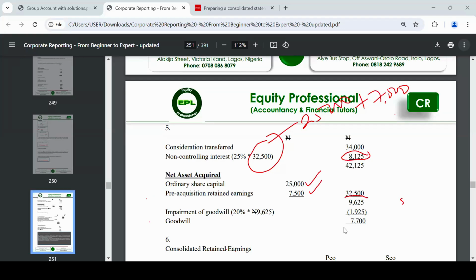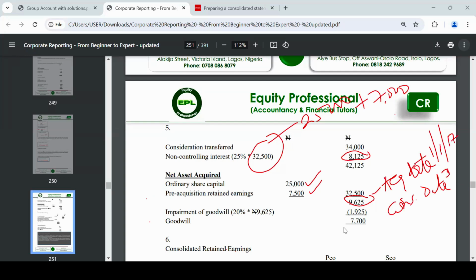Now, the goodwill on consolidation is 9,625 at the date of acquisition. This was at acquisition date. Acquisition date was 1st January 2017.